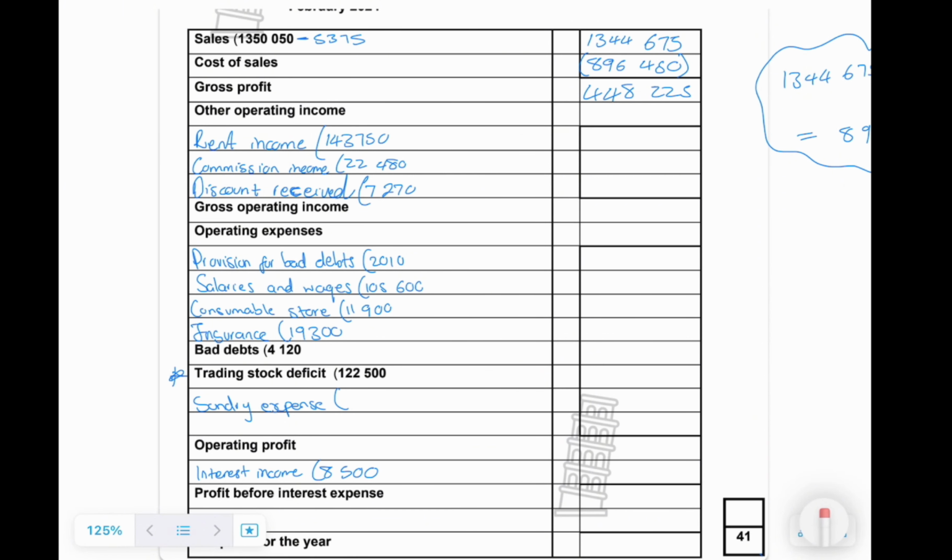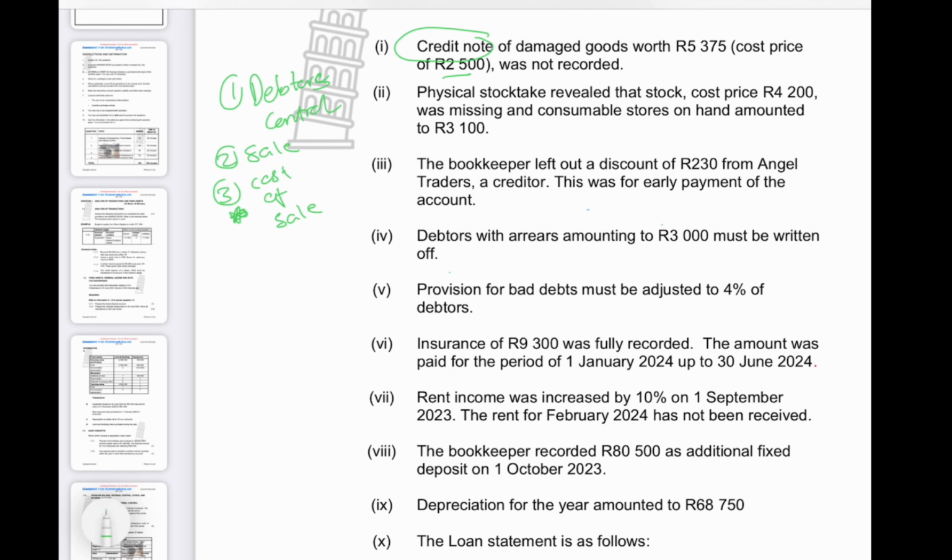So now remember, in the first adjustment, they said that damaged goods were returned to the business and it was not recorded. Okay, so in the trading stock deficit, you have to show that that damaged stock is not with us anymore in the business. So after calculating your gross profit, remember that the cost price also has to be accounted for.